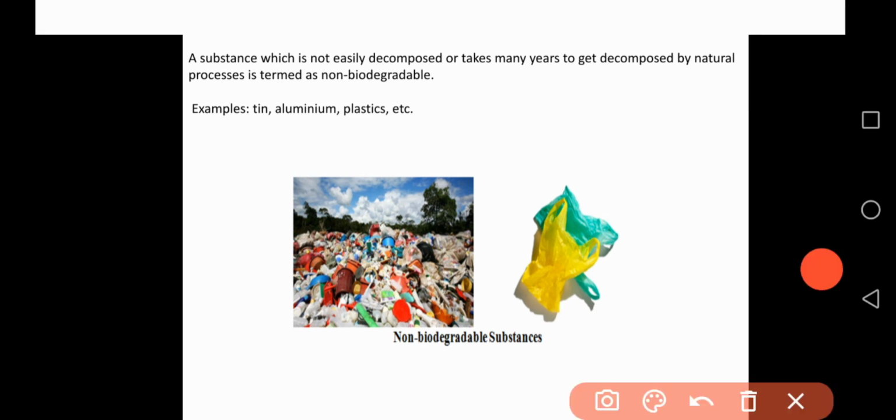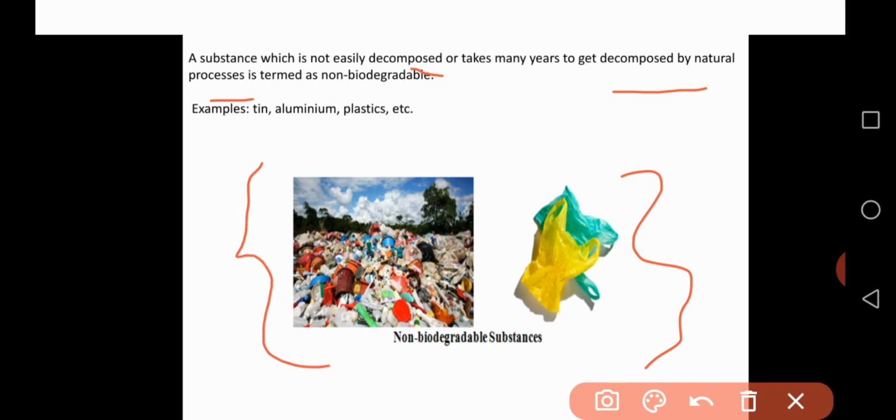A substance which is not easily decomposed, or takes many years to get decomposed by natural processes, is termed non-biodegradable. Examples are plastics, polythene bags, and plastic bags, and also tons of non-biodegradable substances made up of plastics, tin, aluminum and other materials.